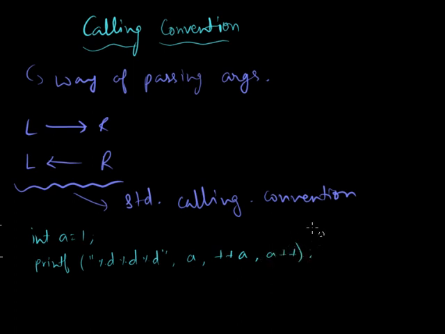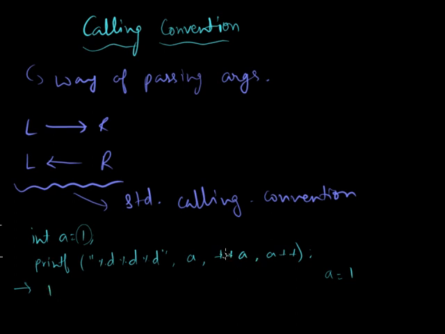Now if we go by left to right, it appears that the output must be 1 2 2. How? First, the leftmost a, its current value is 1. So first 1 is printed.